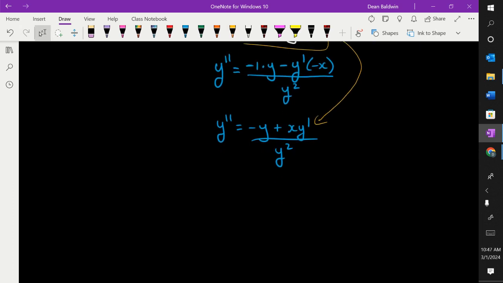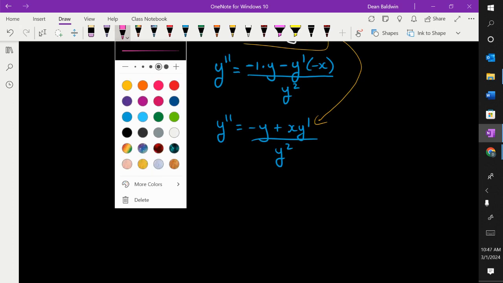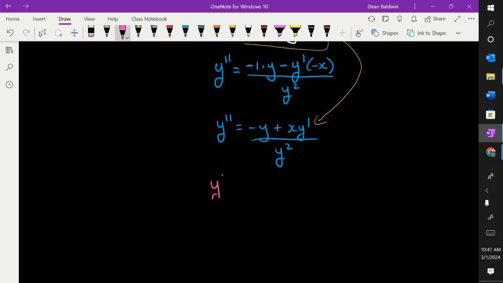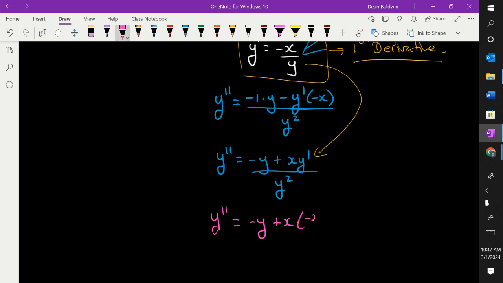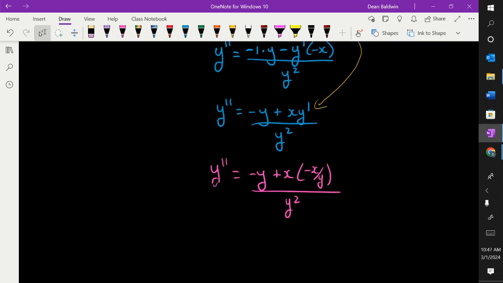So now we get y double prime is equal to negative y plus x times negative x over y squared. Now it's just an algebra problem to clean this up.